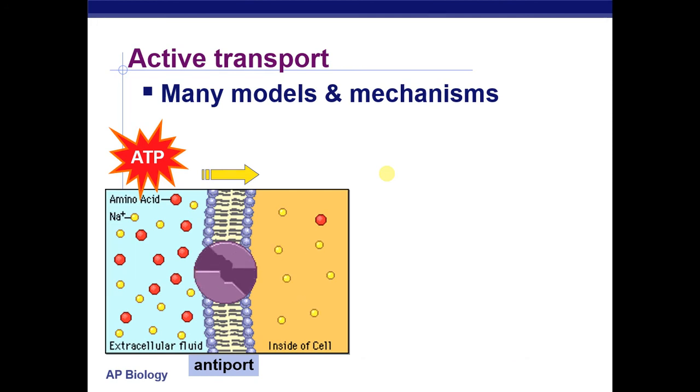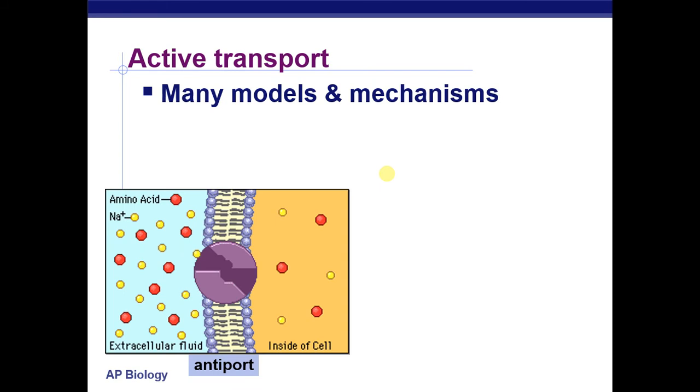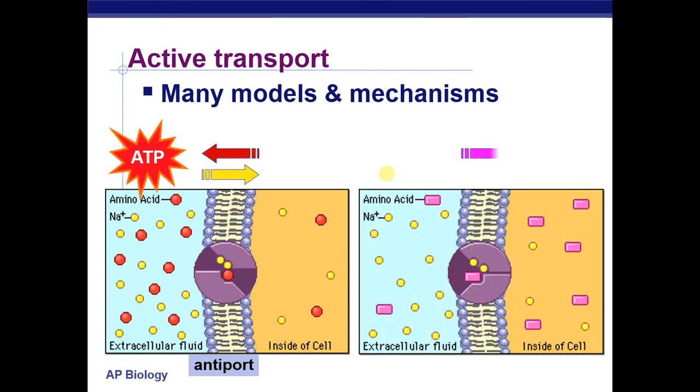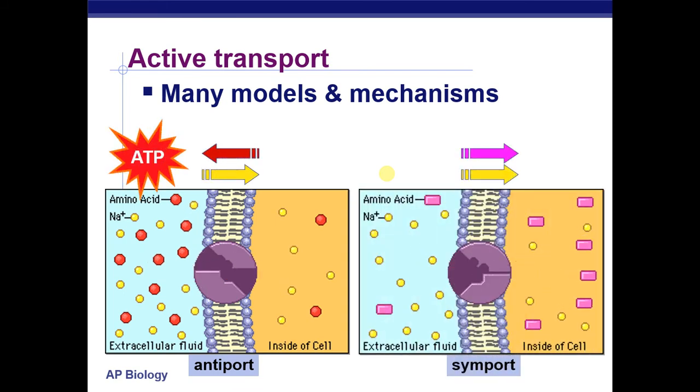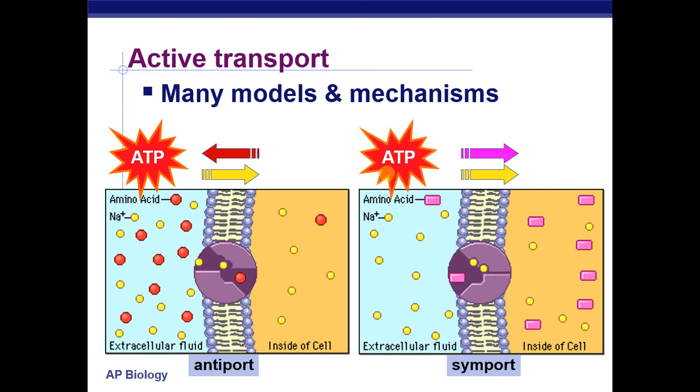We'll go back and we'll see that animation again. In each case, there's a protein that kind of changes shape to allow substances to go in and out, to pump substances from low concentration to high concentration. So remembering that active transport requires these proteins to pump substances from low to high, and then it requires ATP energy.